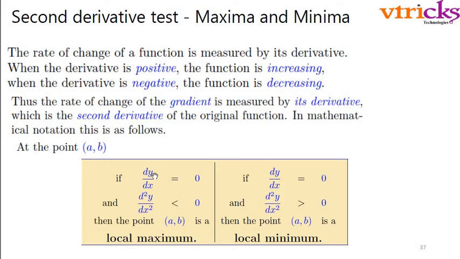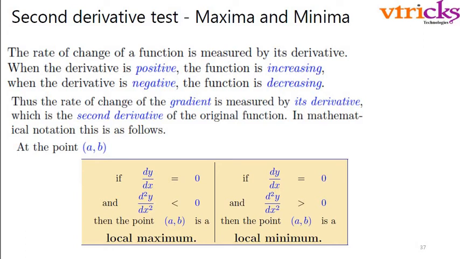How is dy by dx changing? So when it is changing from positive to negative, we say that the rate of change, d2y by dx square, is less than 0, in this case. And when the derivative of dy by dx is changing from negative to positive, the rate of change of dy by dx is greater than 0.